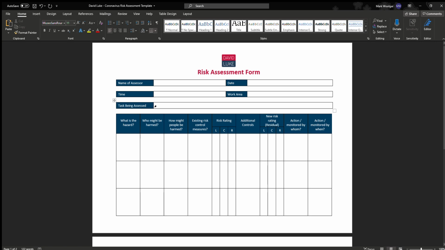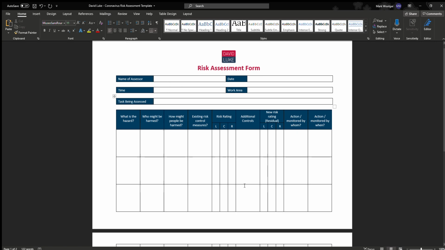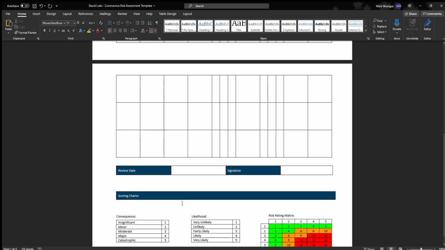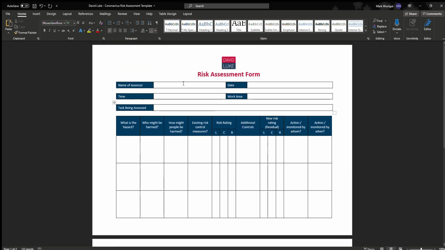What I think is best, in my opinion, is that a form is filled in like this for each task or area of your business that involves a risk related to coronavirus.